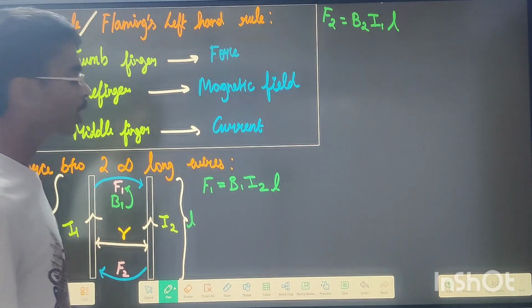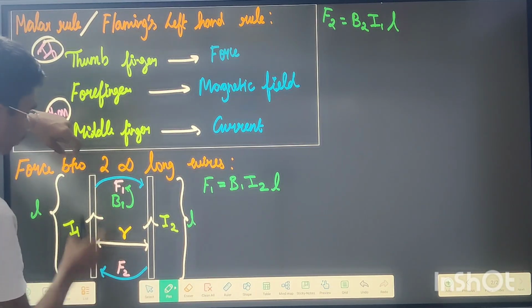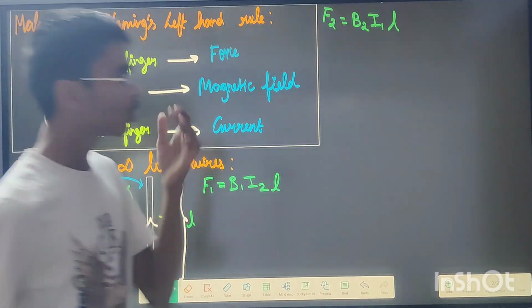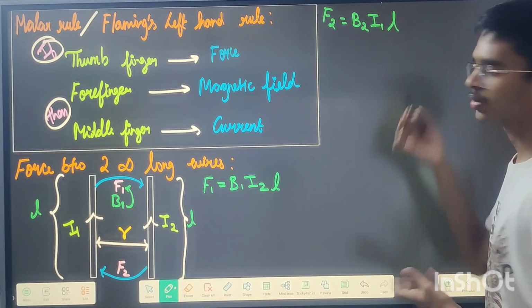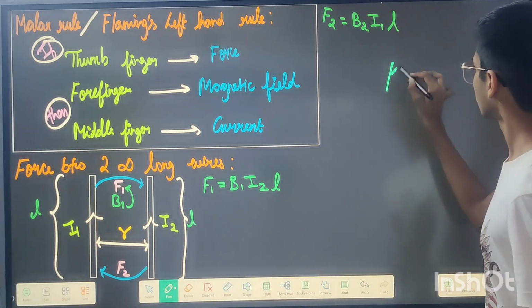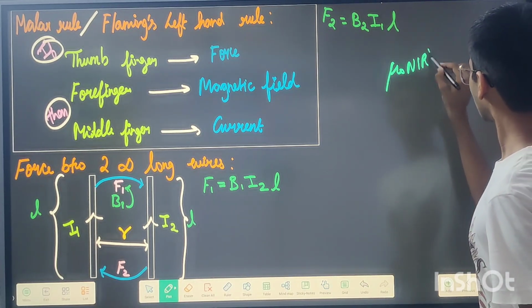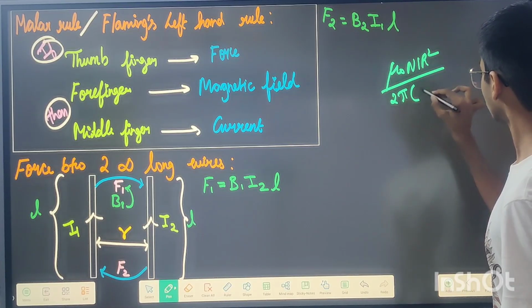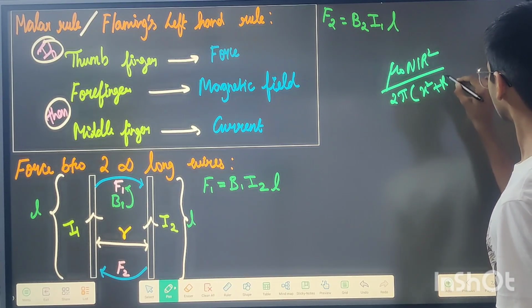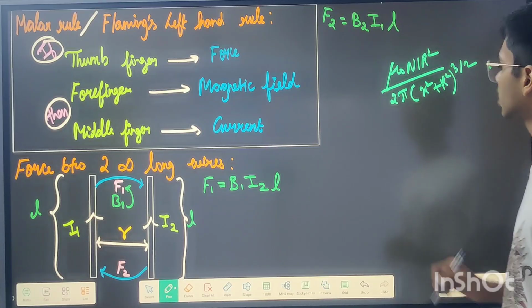So we know the formula for the magnetic field for a uniformly long infinite wire. For a circular loop, it is mu naught N I r square divided by 2 into (x square plus r square) to the power of 3 by 2.